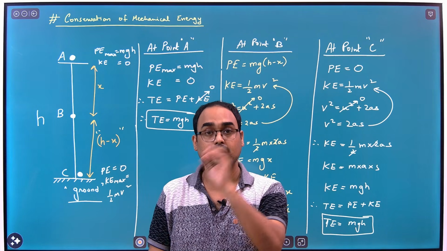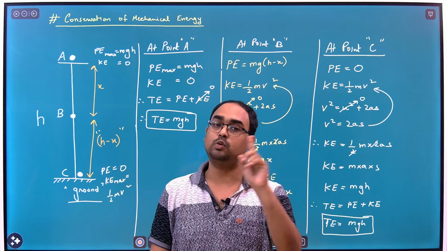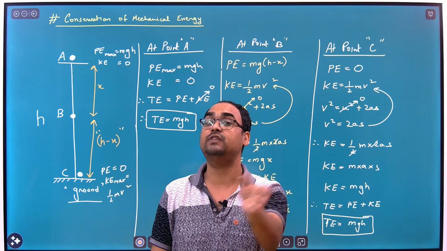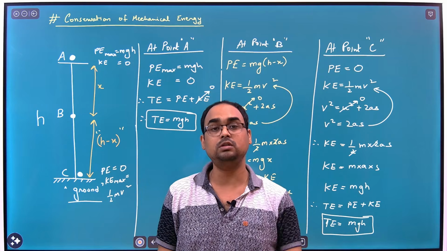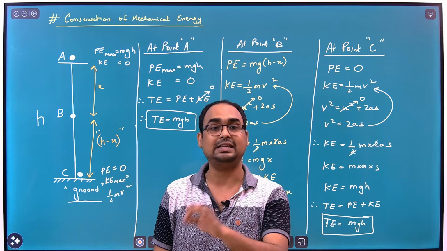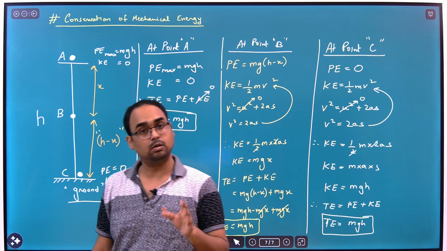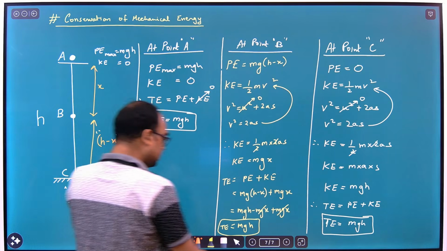So when the object falls down on the ground, the kinetic energy will be converted to sound and heat and even light energy in case of very big objects. Okay, now with this concept, let's move forward.